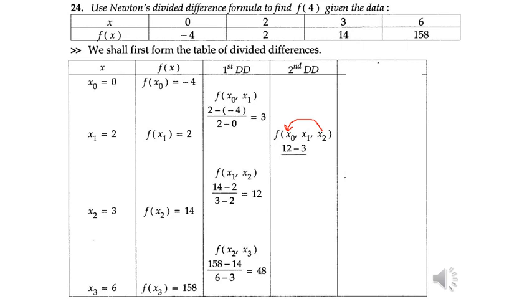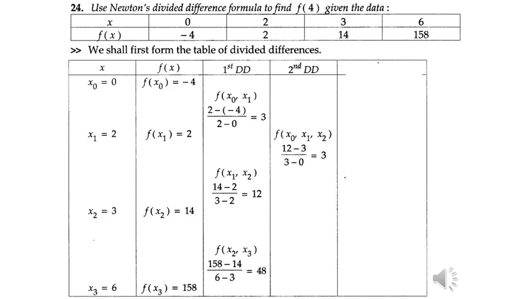So where is x2? It is 3 minus 0. So we write in the denominator here 3 minus 0. Value is this.